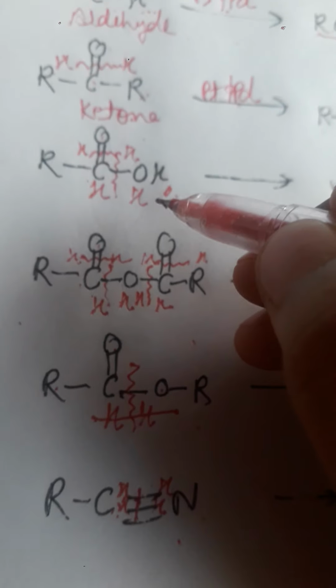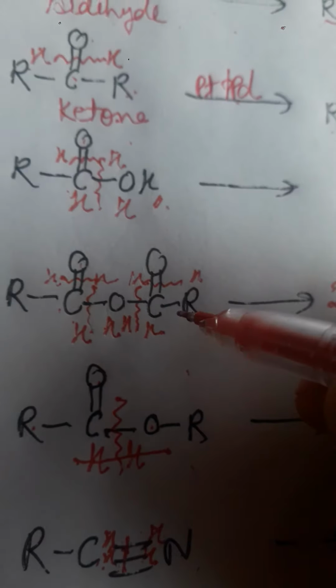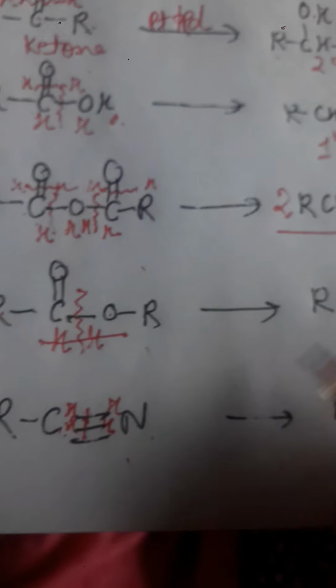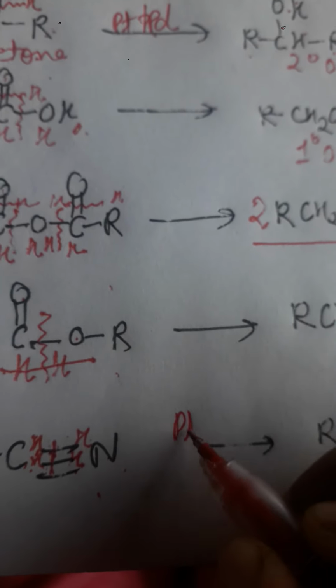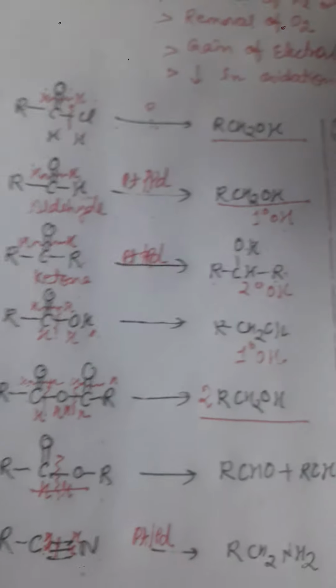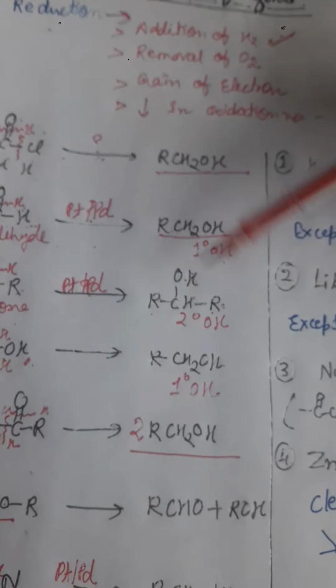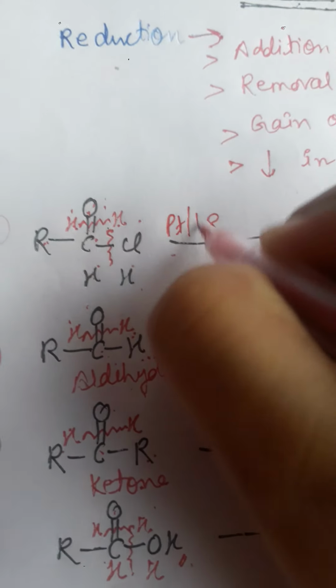RCOOH, no, we can't write, because these are acid derivatives, these esters also. But in all these other cases we can write platinum or palladium, and the exception is acid and its derivatives. Acyl halide is also a type of acid derivative, but this one is an exception, where we can write platinum or palladium.